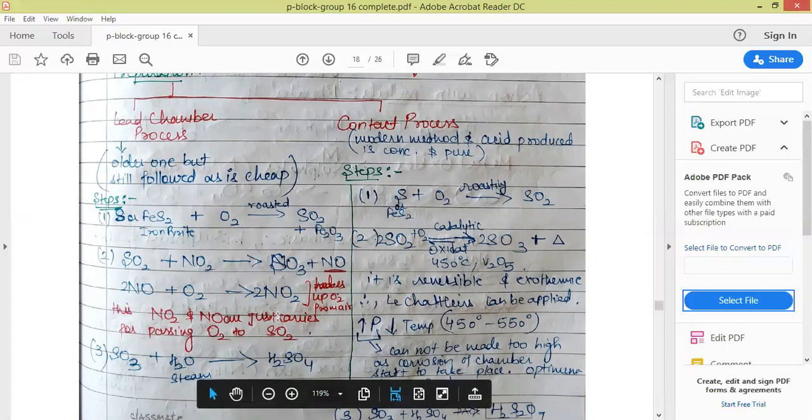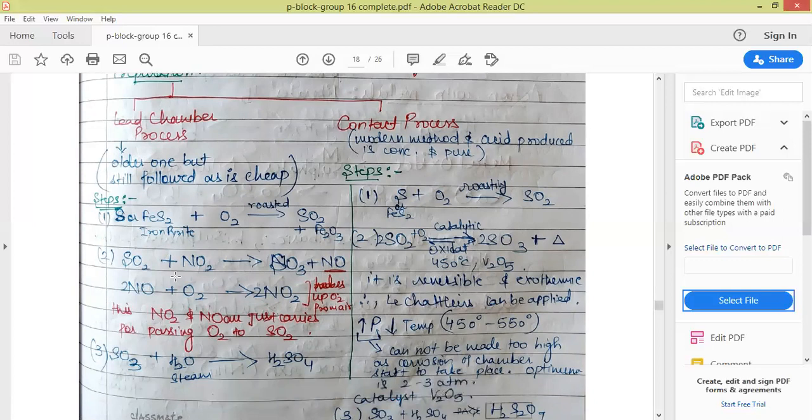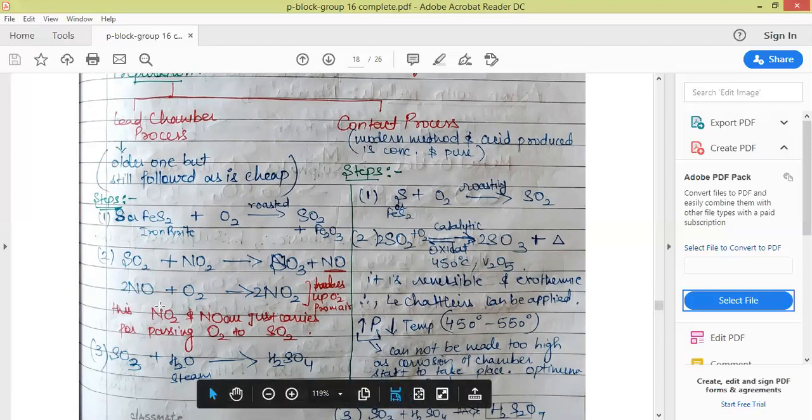So this is a cyclic process where NO2 and NO are just acting as carriers for passing oxygen to SO2. So here nitrogen oxides are acting as carriers of oxygen. So this is the second step for the lead chamber process.